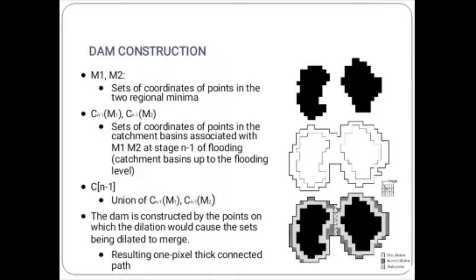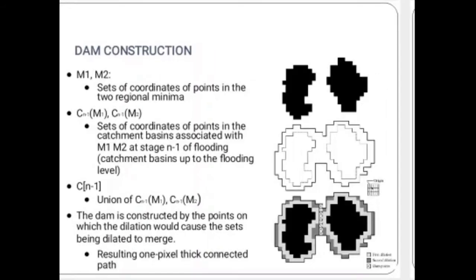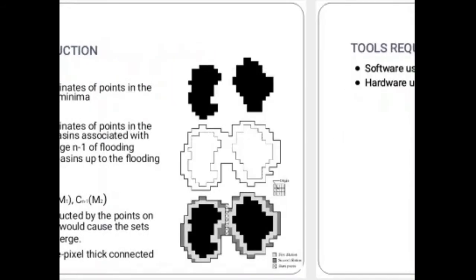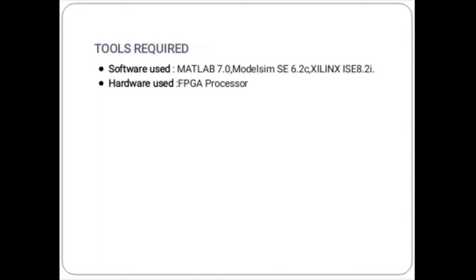In the last one, you can find the structuring element which is used for the dilation, which results in the dam constructed image. To prevent over-segmentation, the marker concept is used after the dam construction. After the dam construction, we are going to use marker-based watershed segmentation.